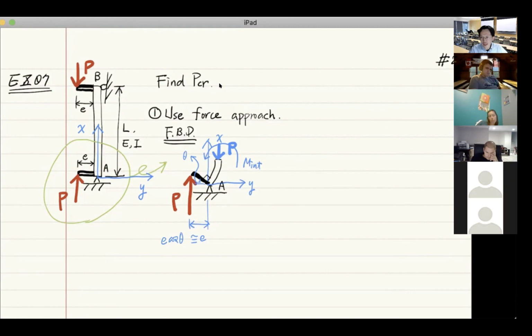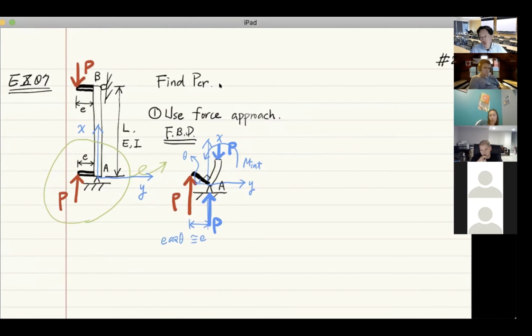Do we have moment at support A? Yes, we do, because of eccentricity, right? So force P is the action, right? And the reaction at A, we have not specified it yet. The reaction at A is actually, there's a force P here. And there's also another moment produced by this force P, which is P times E. Would you agree?